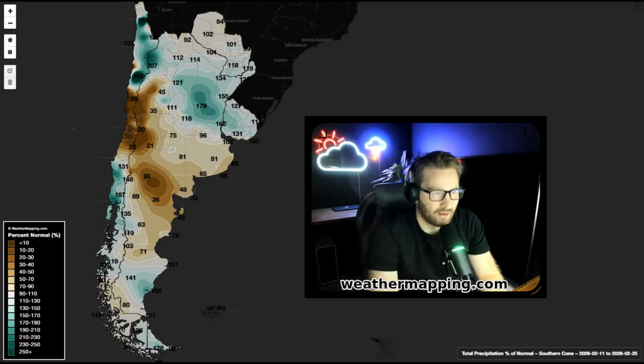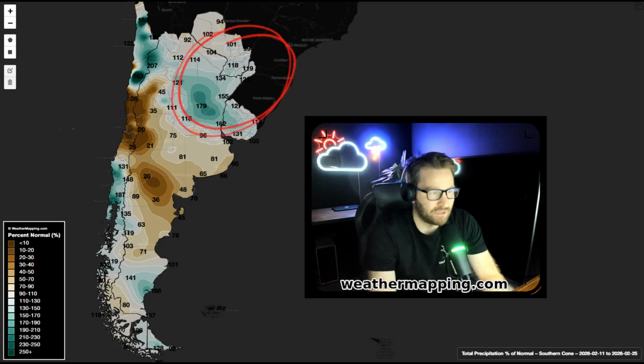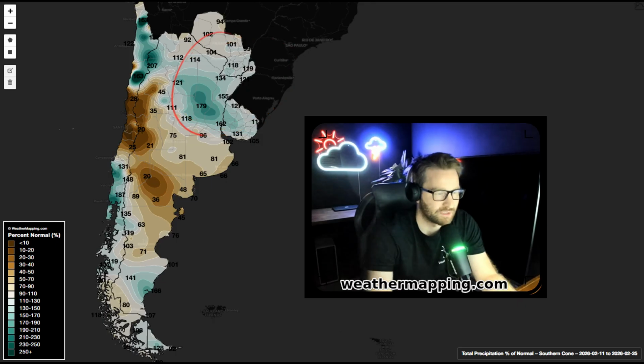Looking at Paraguay, Uruguay, northern Argentina and southern Brazil, that precipitation pattern is shifting to above normal. We're commonly seeing 110 to 150% of normal, with localized areas up to 170 or 190.